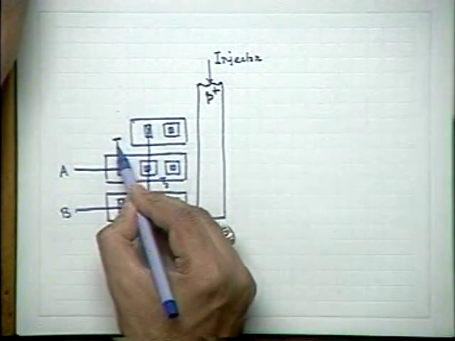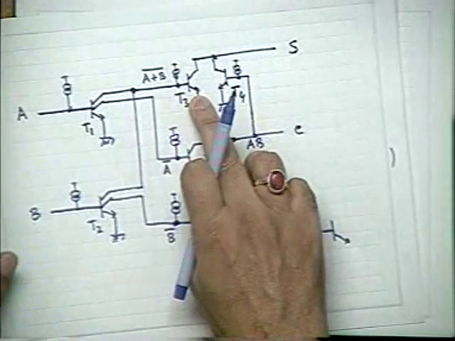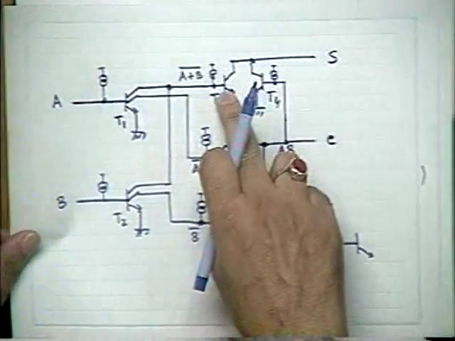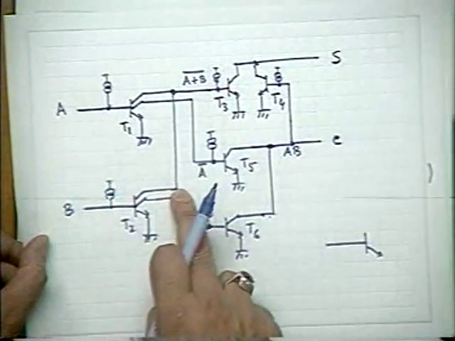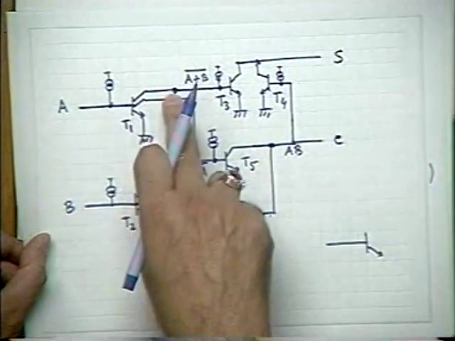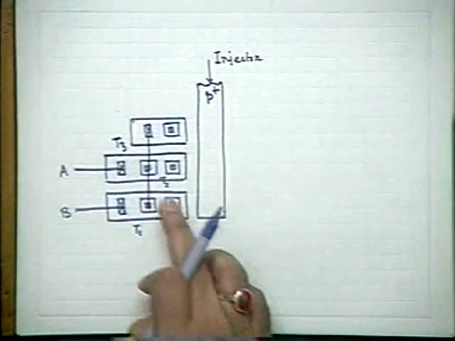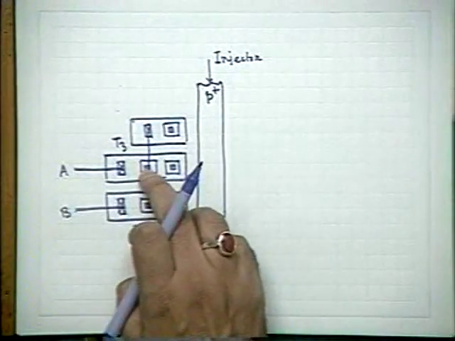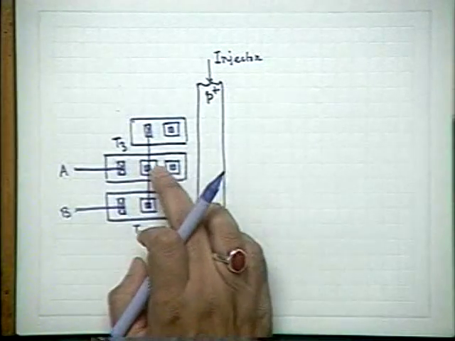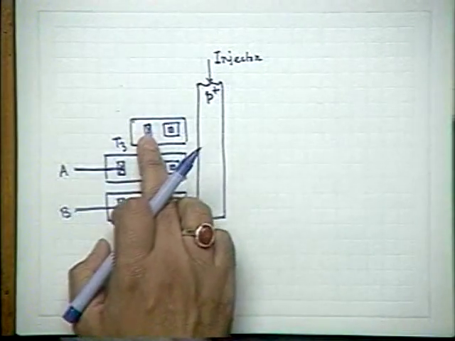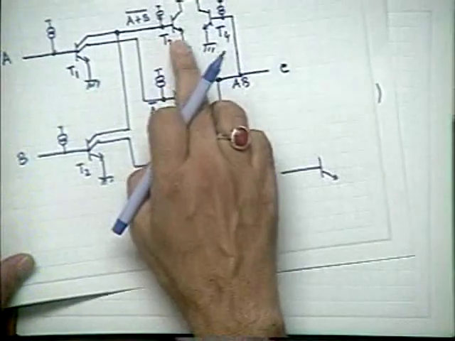This is my T3. You see, at the base of which I am applying this wired output of A and B. So T1 and T2, one of the collectors of each of the 2 transistors have been shorted, and they have passed over to the base of the next transistor T3.